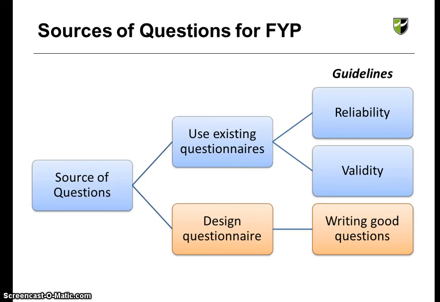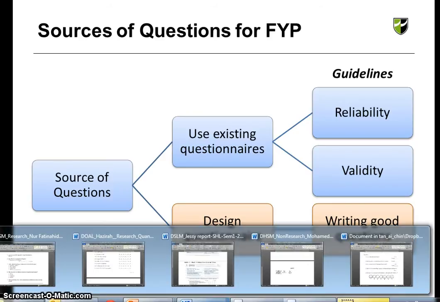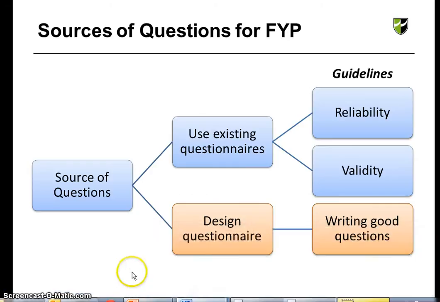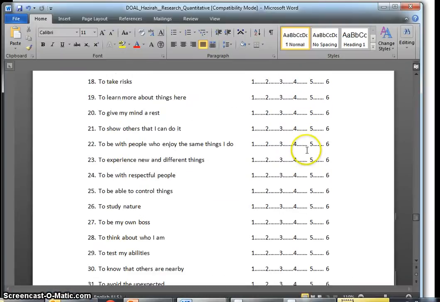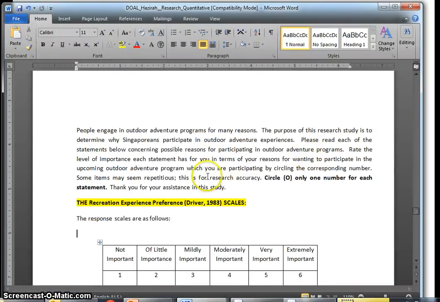In FYP, there are usually two modes. First, you're using an existing questionnaire, or if not, you are developing your own questionnaire. So this is an example of a questionnaire that was used.